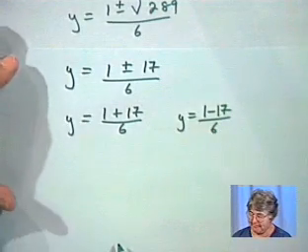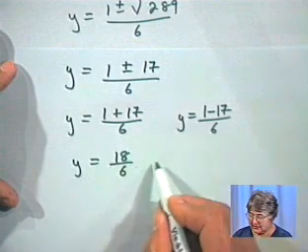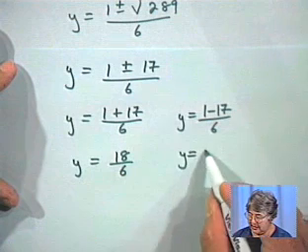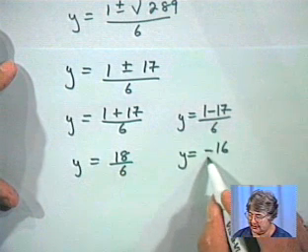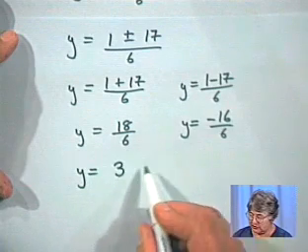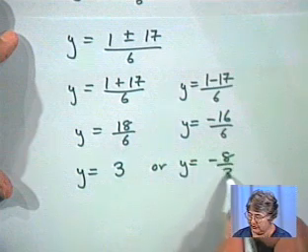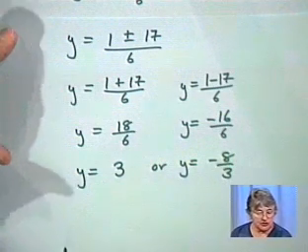Right? So we'll have y equals 18 divided by 6, or y equals negative 16 divided by 6, or y equals negative 8/3. Okay? But those are solutions for y.